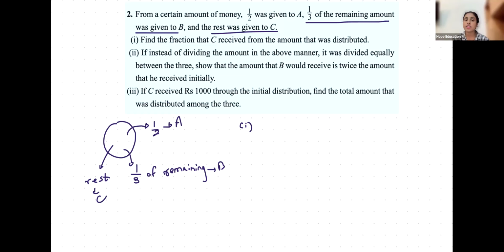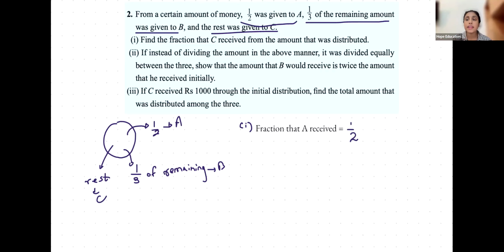Let's solve this slowly. Fraction that A received. They say half was given to A. Then let's see how much B received. B has gotten 1/3 of the remaining amount.